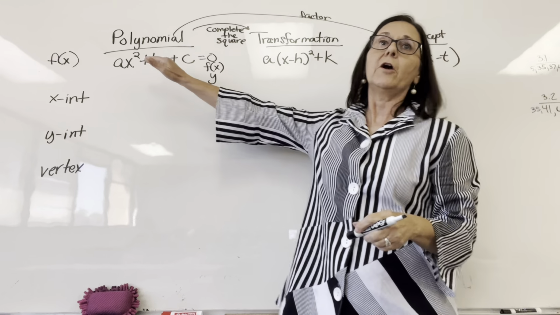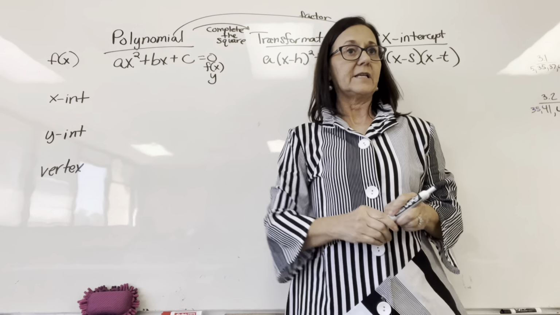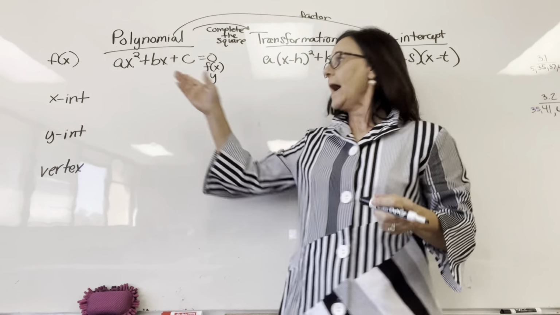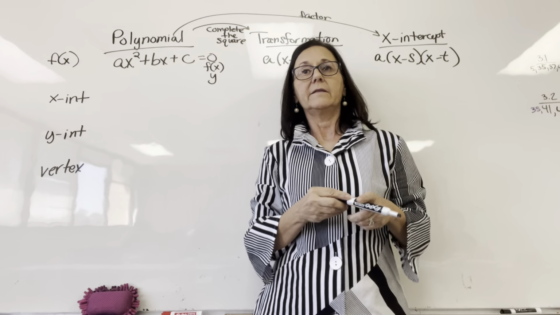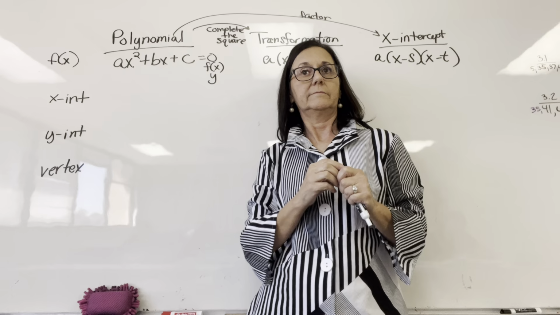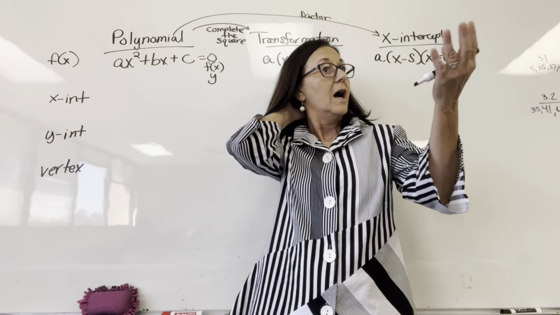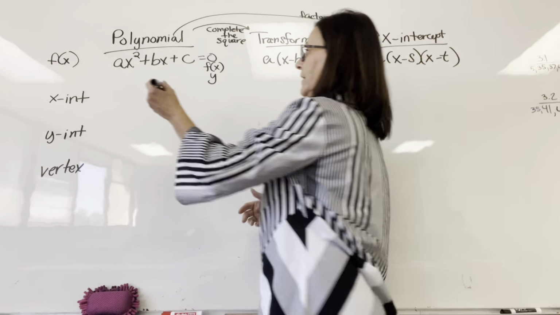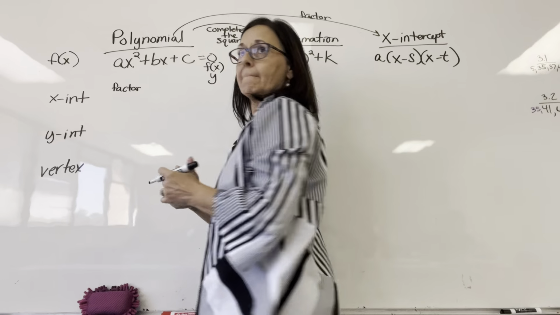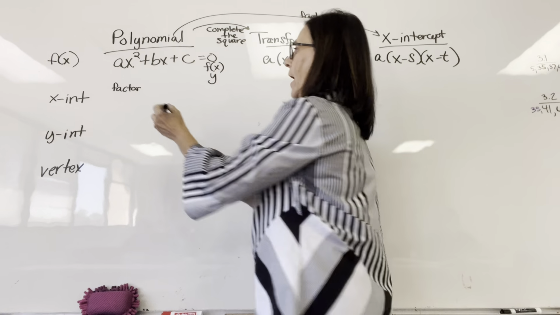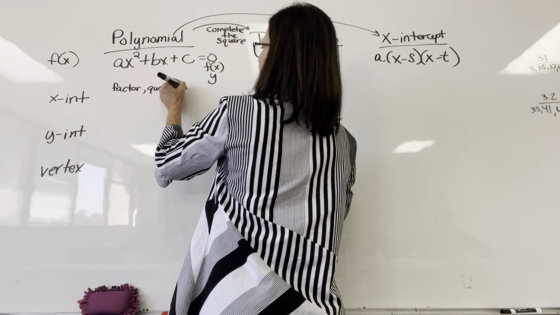All right, so with the polynomial, how do we find the x-intercepts? There's a couple of ways. If I have a polynomial, what are my options for finding the x-intercepts? You can factor and then take the opposite of each. I could factor it. That would be one. Or I could use the quadratic formula.